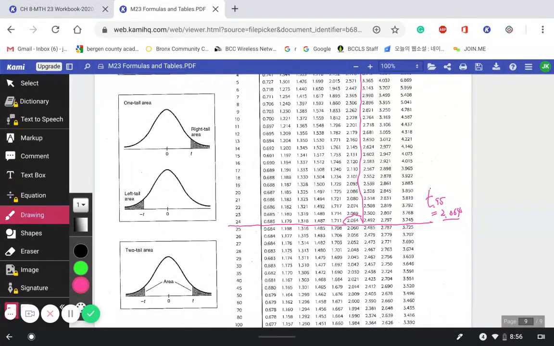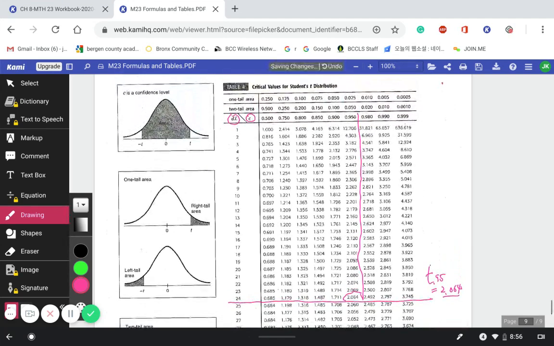So degree of freedom was what? 45, and C was 0.99. So 45 is here, and 99% was here, right?